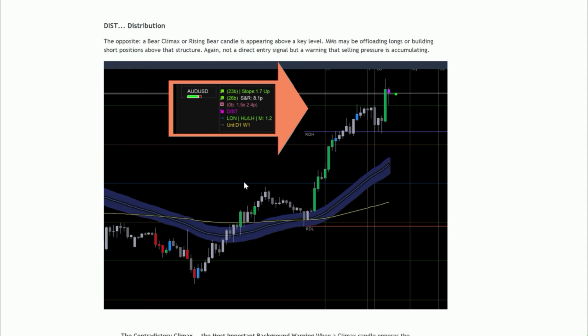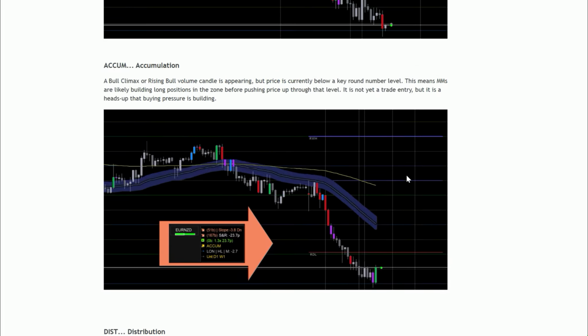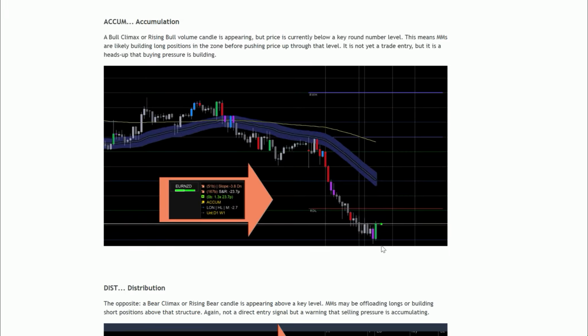One thing I don't think I covered: distribution happens when price starts to slow down near an important level, like a whole level or a half level, and it goes in the opposite direction. You will see that price will start to range near that level. That's when a distribution happens, when it happens just above that level, and accumulation happens when price goes in the opposite direction and starts to slow down right under that level.